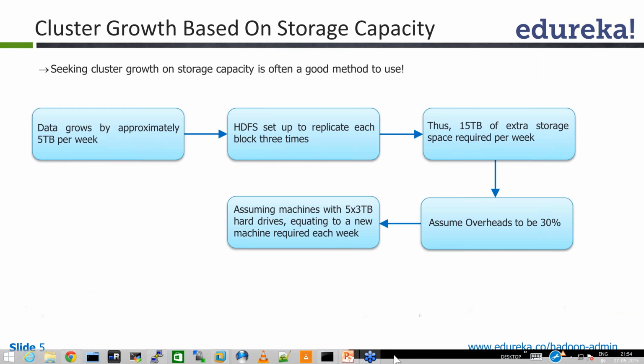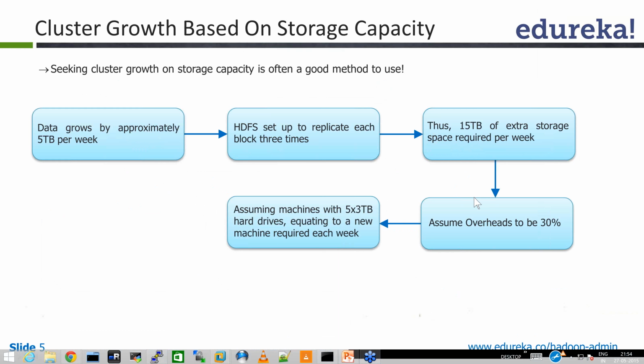Okay, so let's say, just taking an example here, your data is growing by approximately 5 terabytes per week and your replication factor is set to 3 times. Replication means your data is being duplicated in 3 different data nodes. So if your replication is set to 3 times, 15 terabytes of extra storage space is required per week.